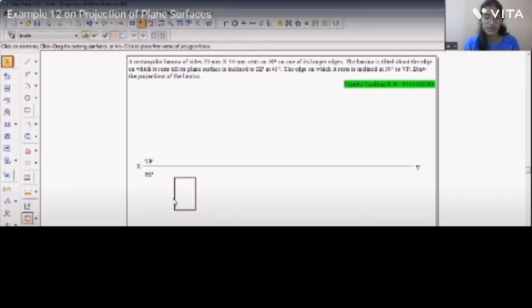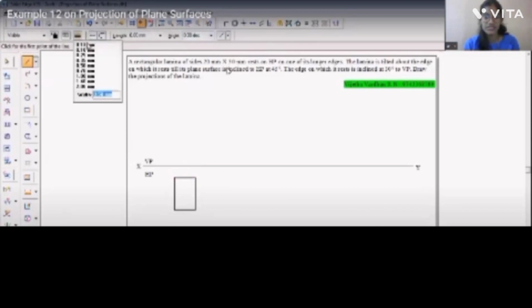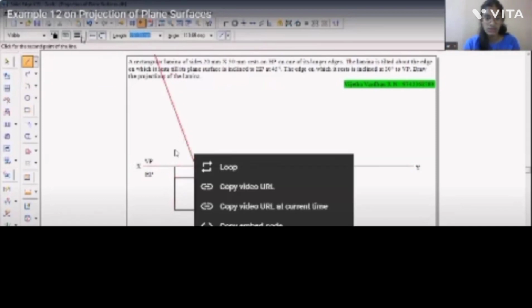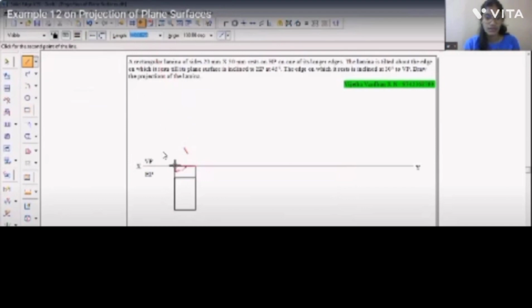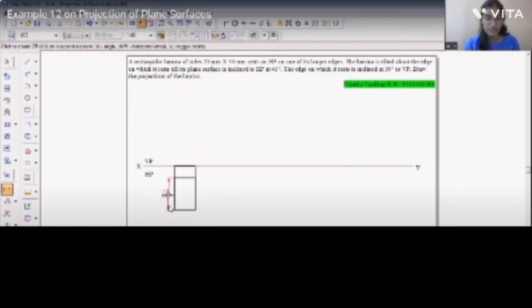The top view of the rectangular lamina must be below the XY line as its surface is inclined to HP. Let us project the straight lines from the ends of the corners, and the front view must be a visible line. The dimensions I'm giving are 30 and 20.